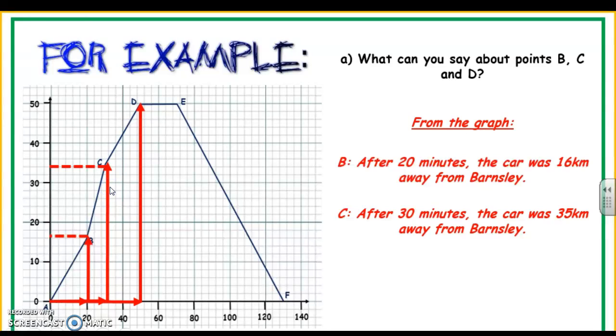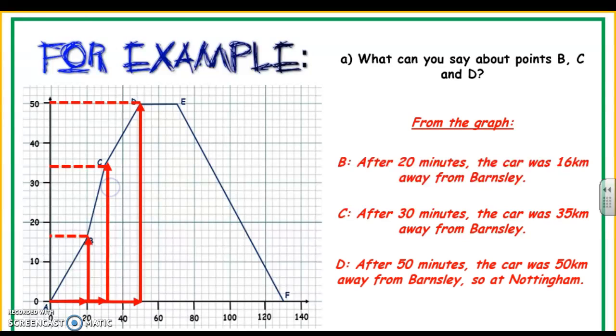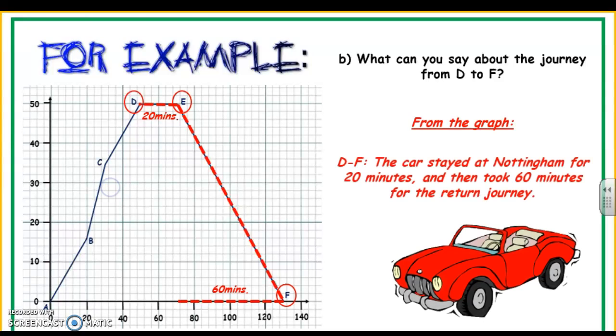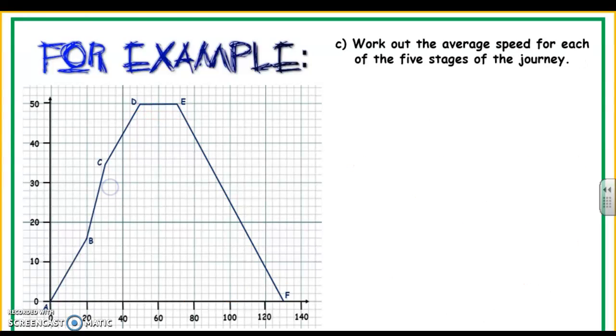They've done a much nicer job with their arrows than I was doing with my drawing. After 50 minutes, the car was 50 kilometers away from Barnsley, so at Nottingham. D to F, again, we waited for 20 minutes. Then it took 60 minutes to drive back.